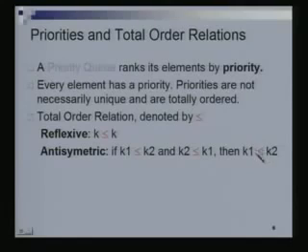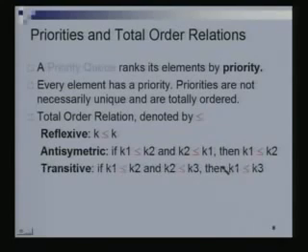That is, k1 and k2 should really be the same. And it is transitive. If k1 is less than or equal to k2 and k2 is less than or equal to k3, then k1 is less than or equal to k3. These are the properties of a total order relation, and we will assume that the priorities that we have satisfy a total order relation.